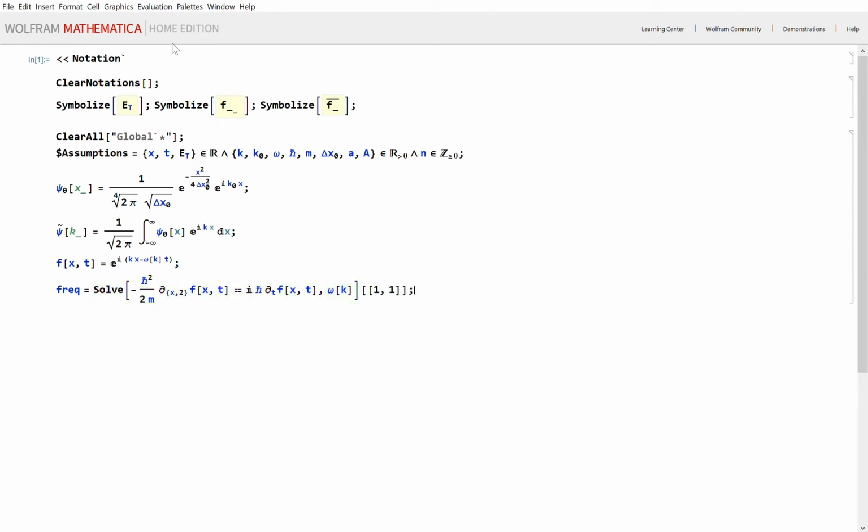Alright, now let's get our time-dependent wave function. I need my underscores for defining a variable. So our inverse Fourier transform is going to look almost just like our Fourier transform. And you know what? On my Fourier transform, by convention we say negative.